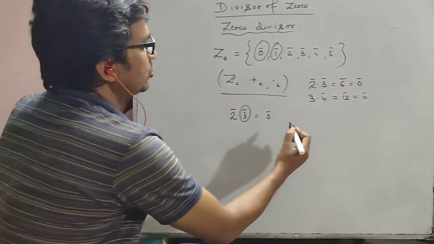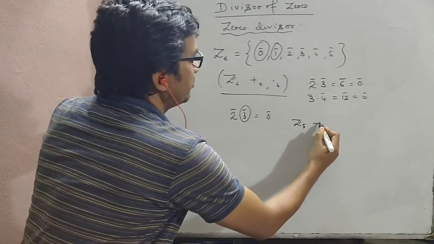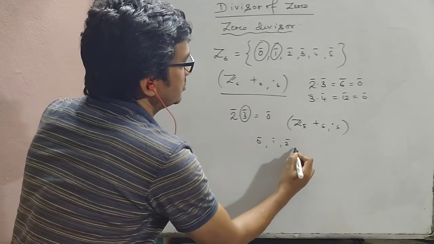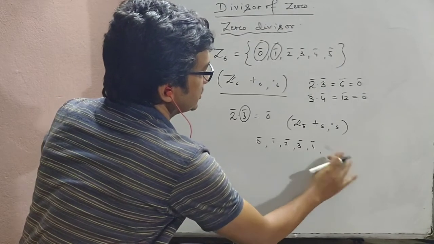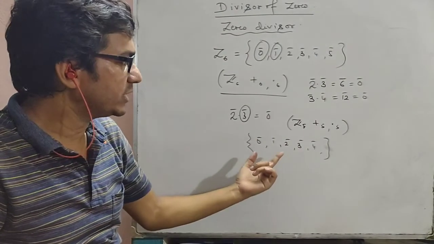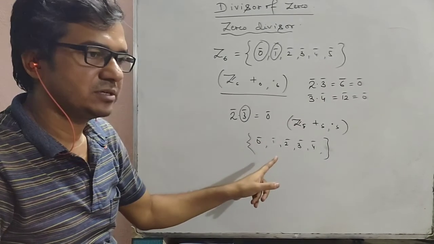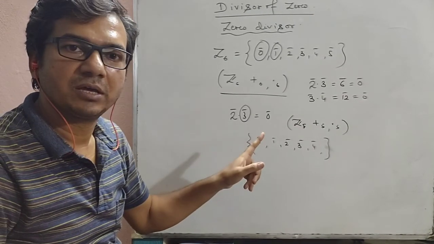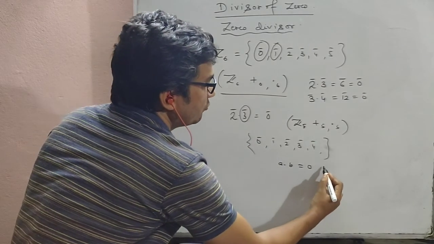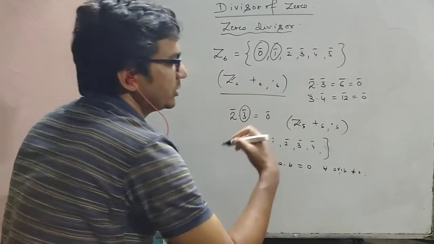But if we consider Z5 with plus 5 and dot 5, containing 0 class, 1 class, 2 class, 3 class, 4 class, here we cannot get any two such elements in this set such that A dot B equal to 0 for A not equal to 0 and B not equal to 0.